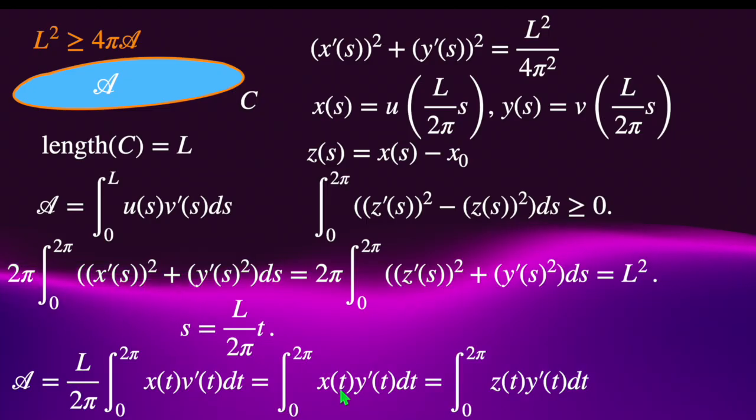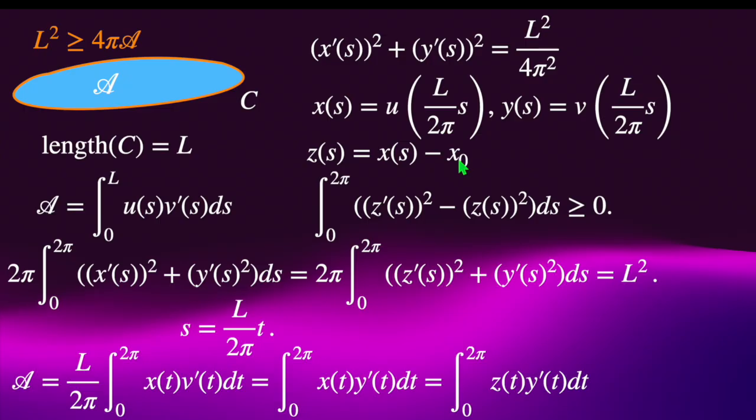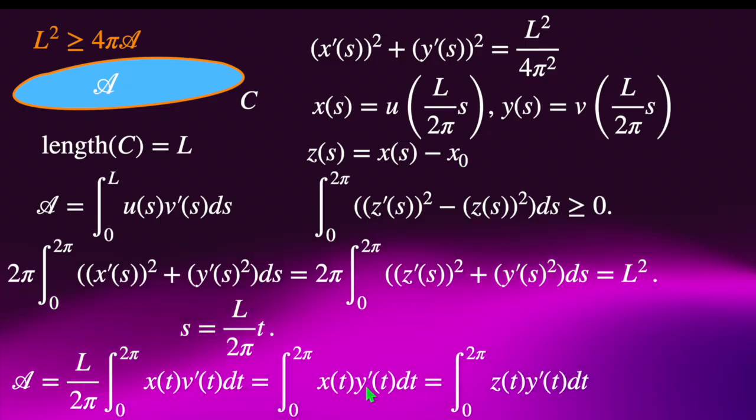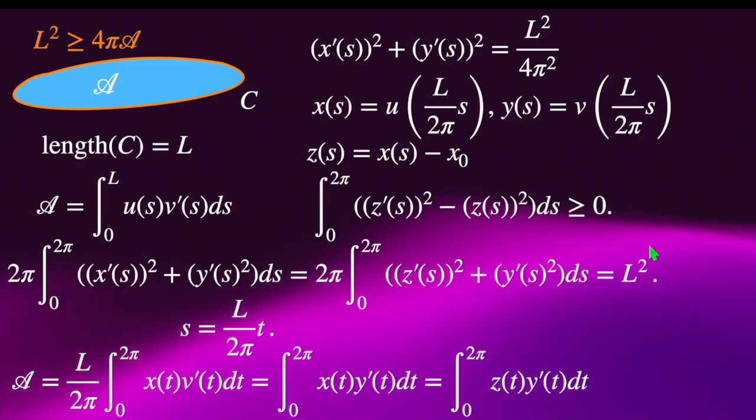And if we add this constant, we get the integral of y prime t, but y is periodic. The integral of y prime is equal to 0, so we get the area. So now we have the area equal to this quantity, and L square equal to this quantity. It's what we will use here.